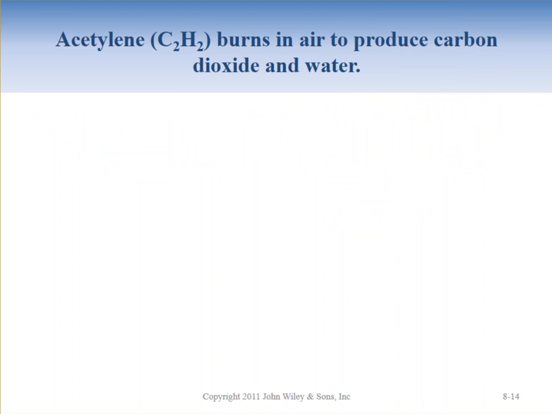So let's look at another one. Acetylene burns in air to produce carbon dioxide and water. So this is another combustion reaction. Acetylene is C2H2, burns in air, meaning that it reacts with oxygen to produce carbon dioxide and water.